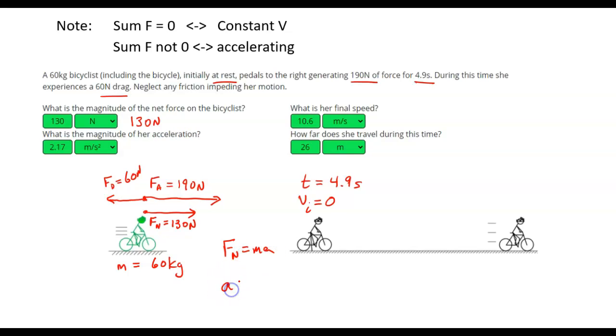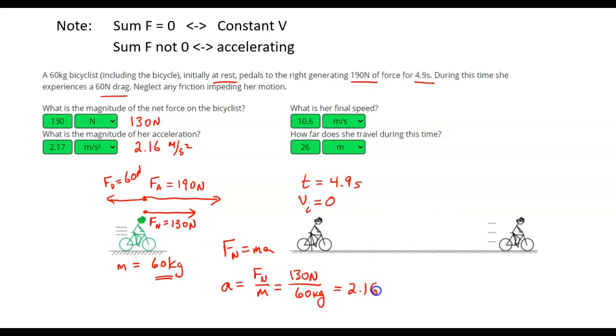So a is F net over m. Our net force is 130 newtons, our mass is 60 kilograms. So we get 2 and 10/60ths, which when we put it in our calculator is 2.16 meters per second squared.